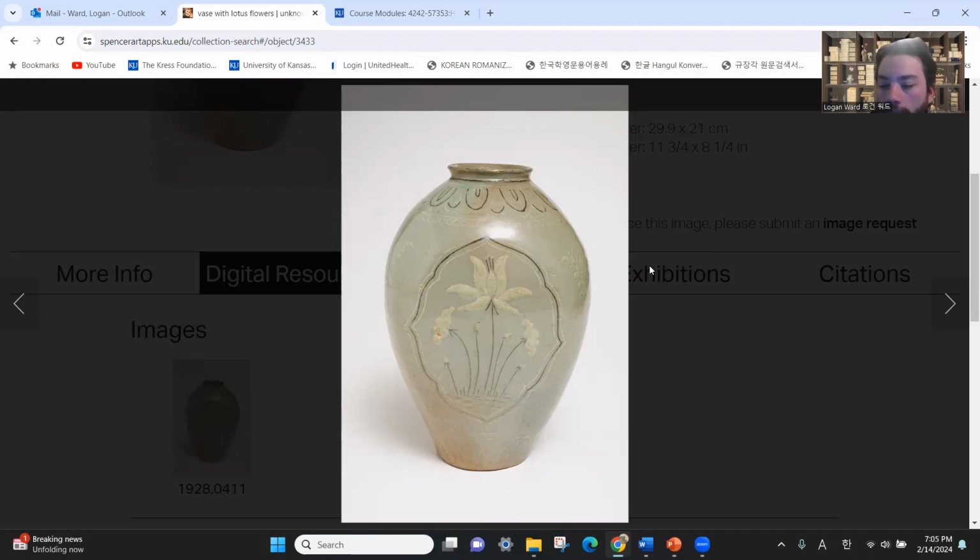Let's see what else. So what about the relative sizes of the lip, the opening and the base? What do you think? This is also something to pay attention to. Yeah, the lip seems a little bit smaller than the base, but I agree with Kyle. I think they generally look the same size. Different vases have really no consistencies.